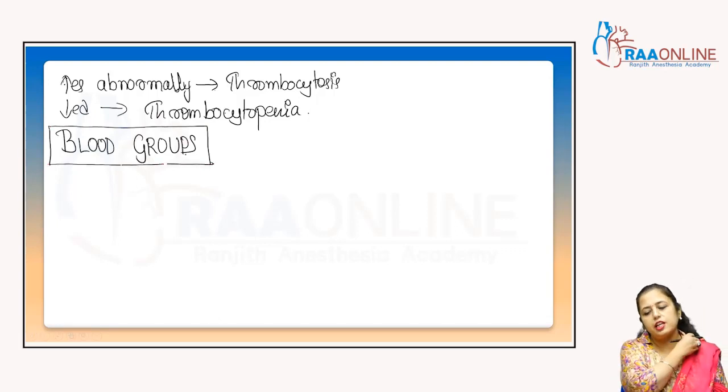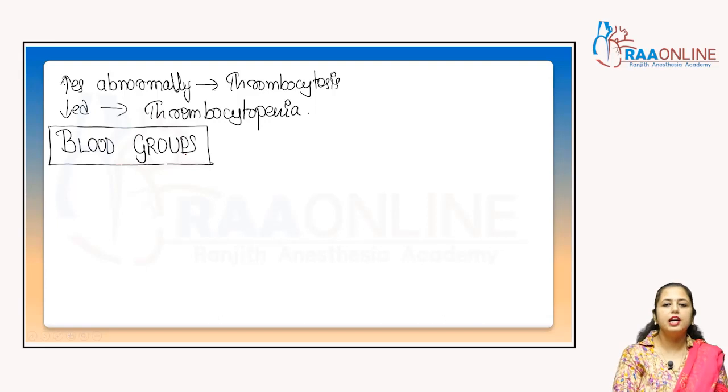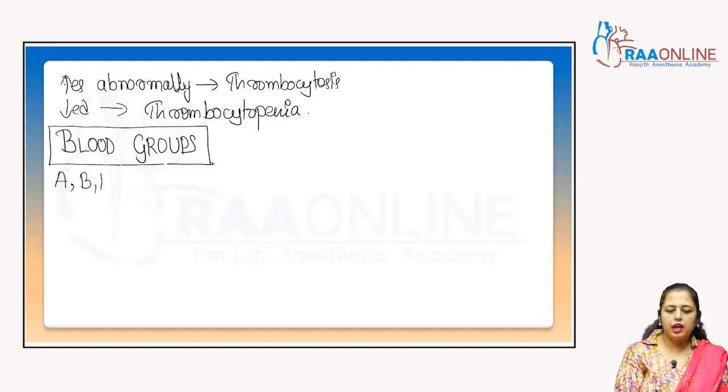In blood groups, ABO blood grouping is there, in which there are majorly 4 groups: A, B, AB and O, right? These capital letters show the antigens actually. This O is zero, that means the antigen is absent.